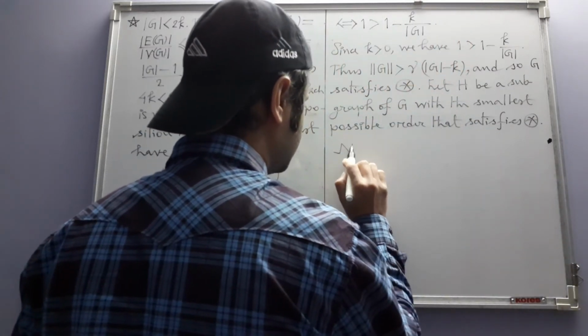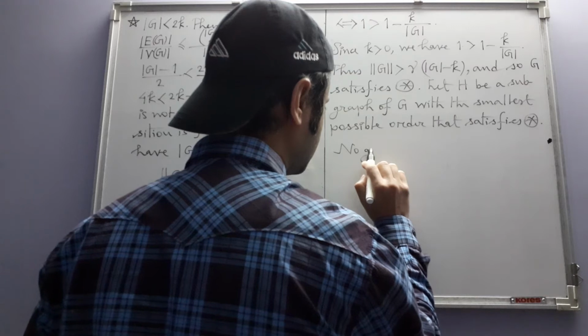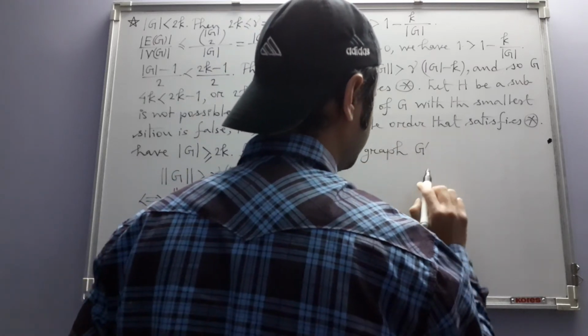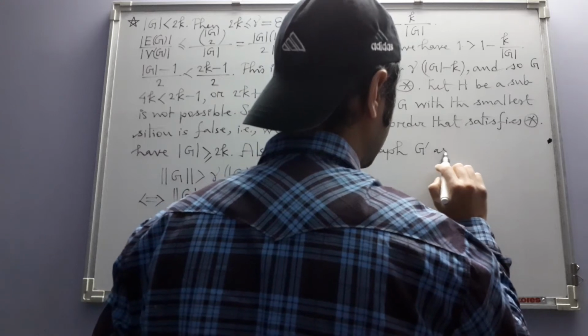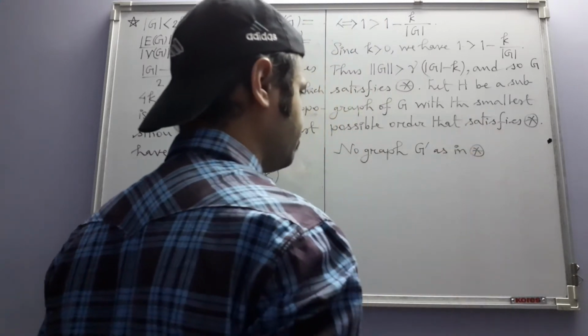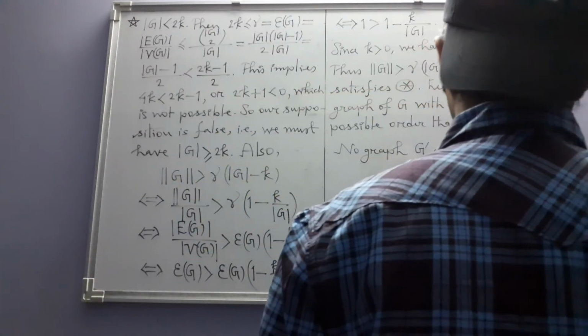No graph G prime that satisfies star has order equal to 2k.